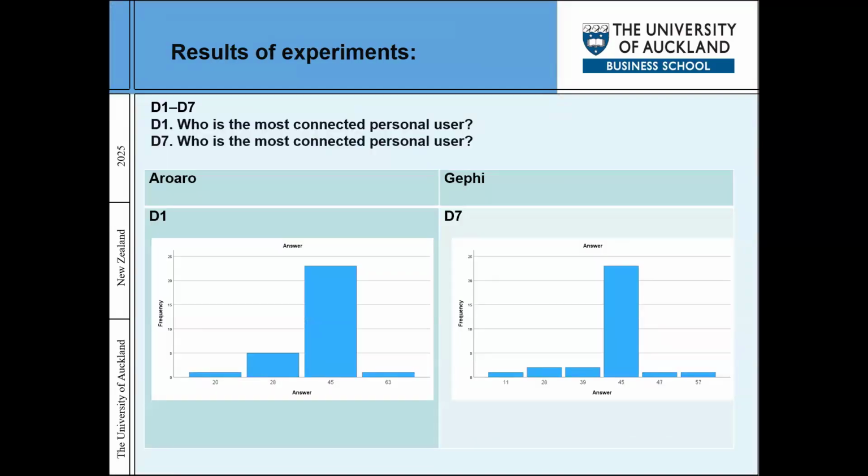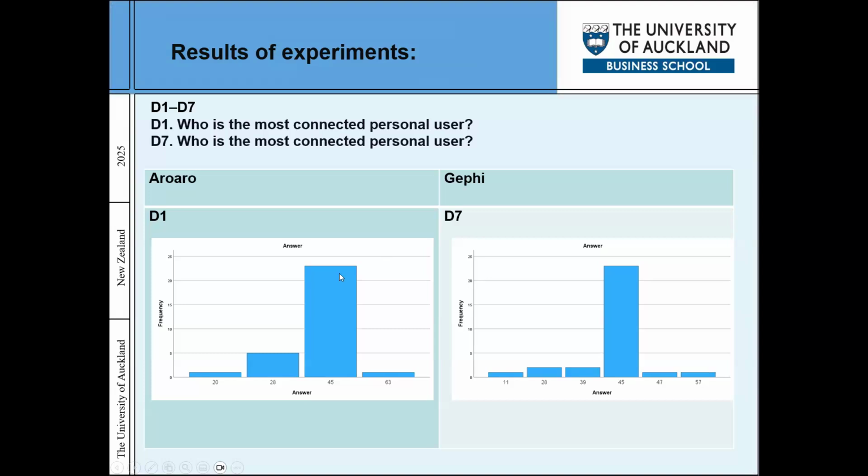Now, I'll not go through each and every question and the results, but I'll spend a couple of minutes on the 2 questions that I highlighted. Let's see the results for the first question, which is D1 in RORO and D7 in GEFI. The questions were the same. If we look at these results, I've just done a frequency analysis.